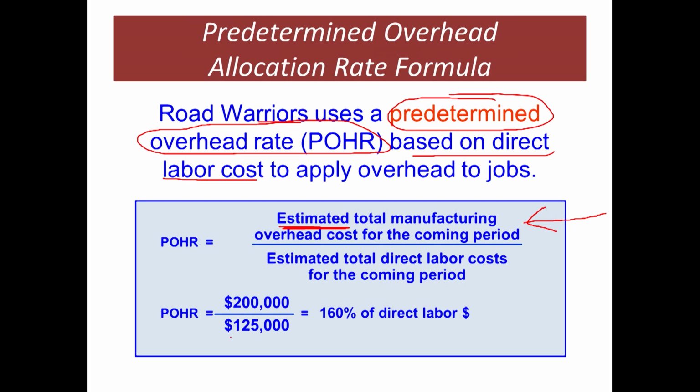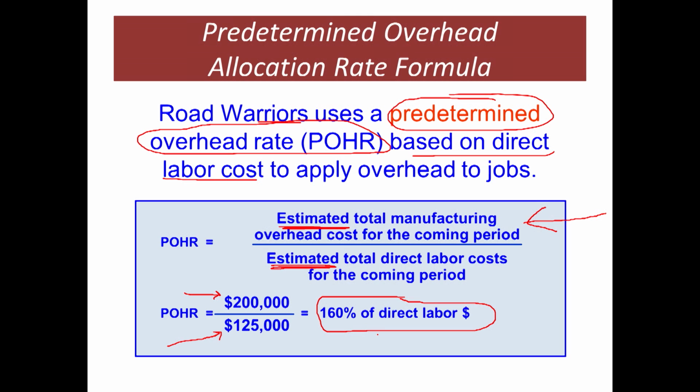And then we estimate, what do we think our total direct labor cost will be for the upcoming period? Well, we estimated our total manufacturing overhead for the coming period as $200,000, and we estimated our total direct labor cost for the upcoming period as $125,000. 200 divided by 125 is that 160% rate of direct labor costs that we use as our predetermined overhead rate. You with me?